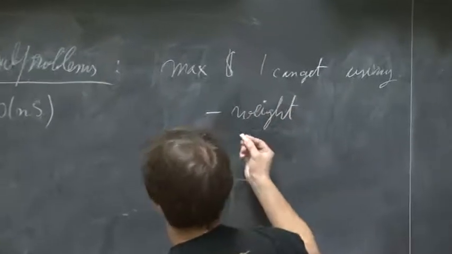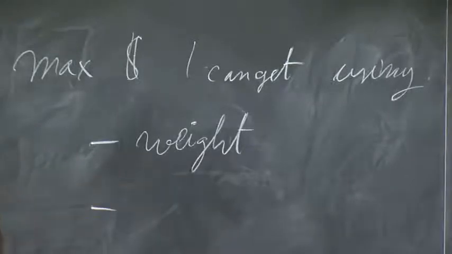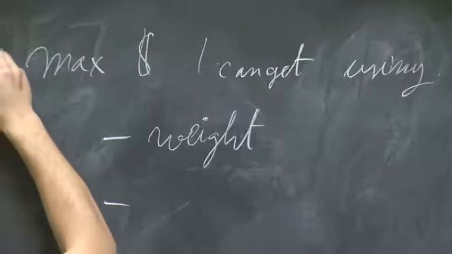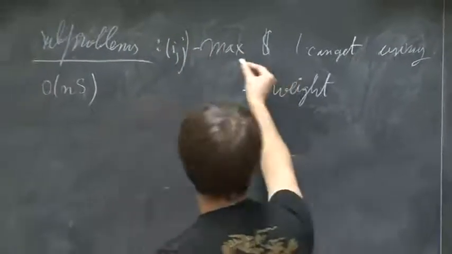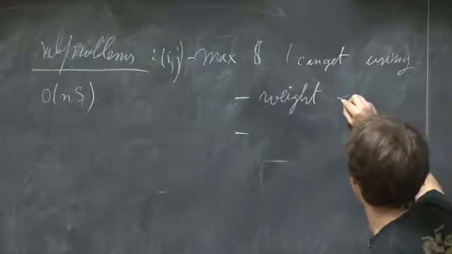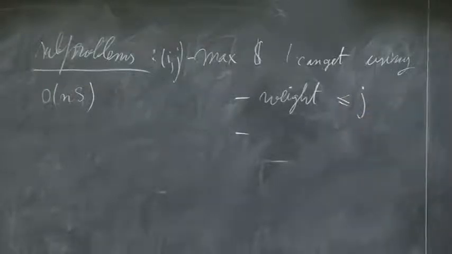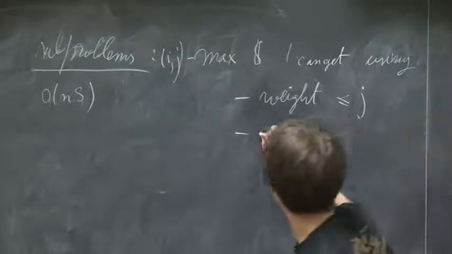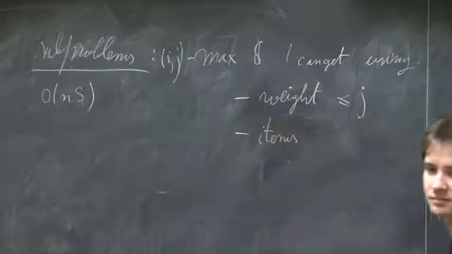If I label the nodes using indices ij, I'm also going to label the subproblems using ij. So I'm going to say that subproblem ij is what's the maximum amount of money I can get by using a weight of at most j. You said something about items, so we have to figure out which items.